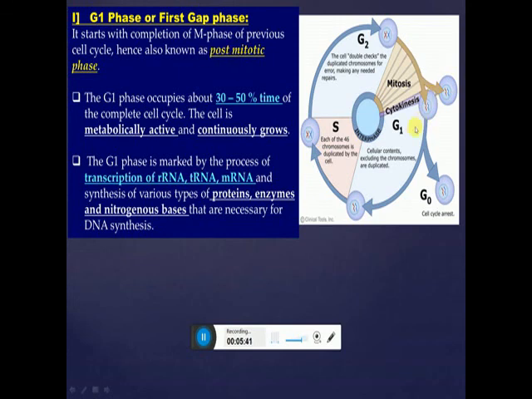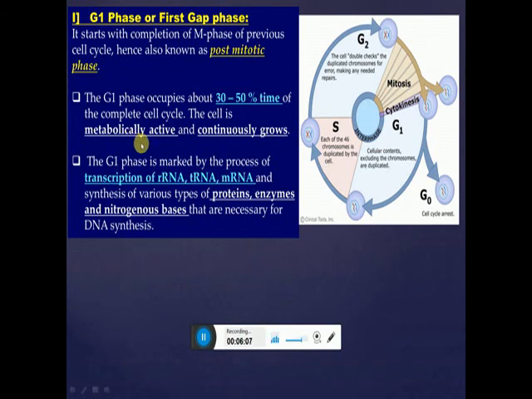Although G1 as well as G0 are both called post-mitotic phases. If it goes to the G0 phase, it is not in the new cell cycle, it is also called post-mitotic, and G1 is also referred to as the post-mitotic phase. The G1 phase occupies about 30 to 50% of the time of the complete cell cycle.